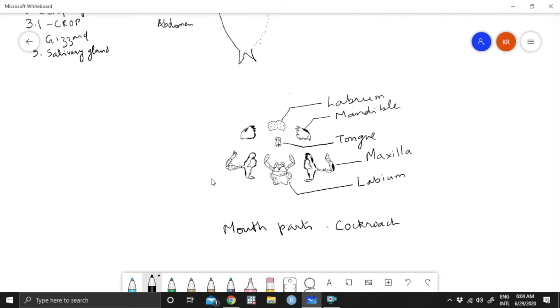The mouth parts of cockroach consist of labrum, a pair of mandibles, so there are two mandibles, a single tongue, two maxillae and a single labium. Some of these are fused parts, but that we need not bother about. So these are the mouth parts of cockroach.